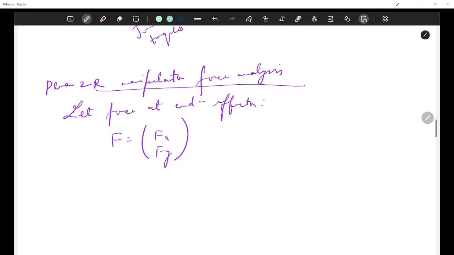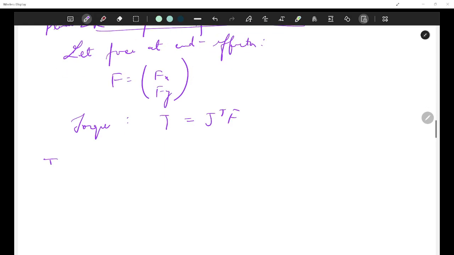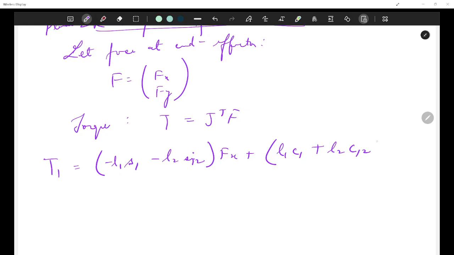And torque is J transpose F. So if you compute the torque's relation with the force, what you get is: torque 1 is minus L1 sine theta 1 minus L2 sine (theta 1 plus theta 2) into Fx, plus L1 cos theta 1 plus L2 cos (theta 1 plus theta 2) into Fy.